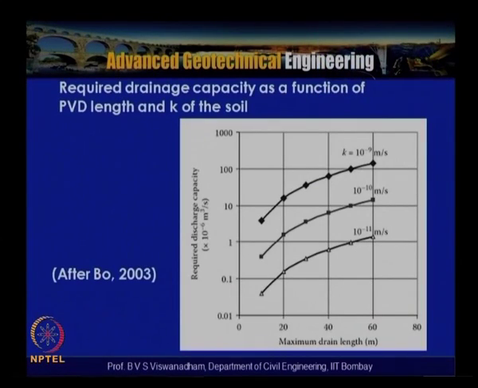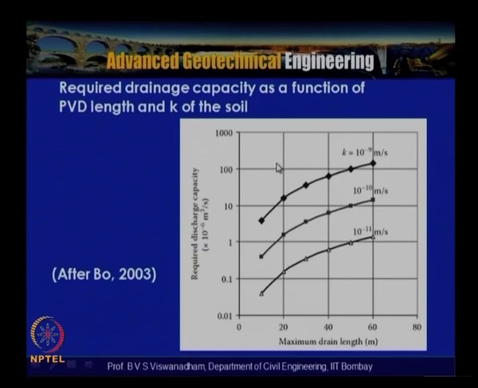In this particular slide, the required drainage capacity as a function of PVD length and k of the soil can be seen. As the length of the drain increases, there is definitely an increase in the discharge capacity, but let us say that for a length of about 20 meters, this is the discharge capacity.